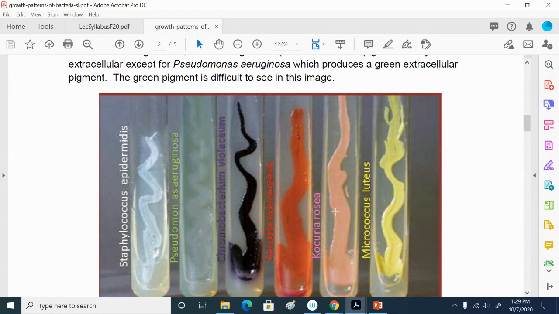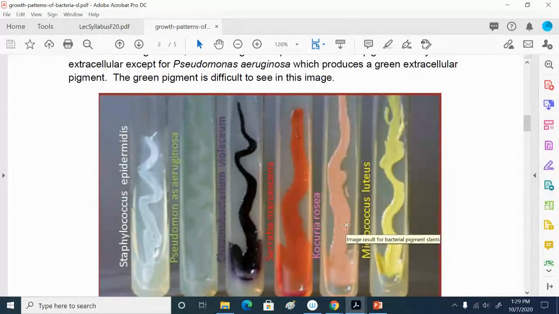What about Kocuria rosea? Is there a pigment? You got to speak. I can't see any chats because I'm looking at the PDF. So is there a definite pigment? Yes. What color? Pink.